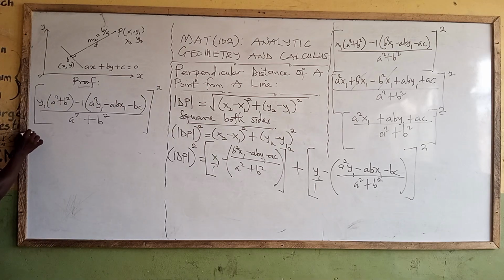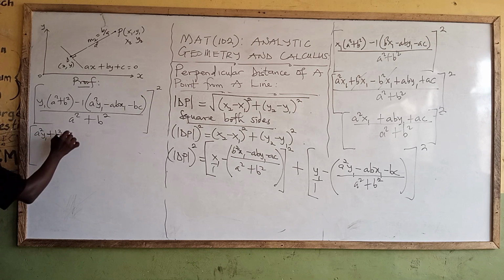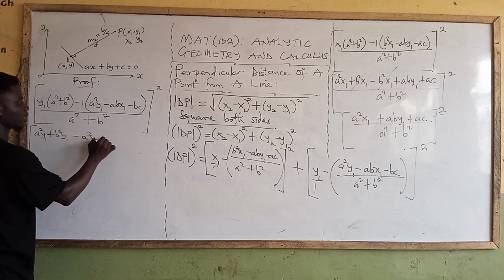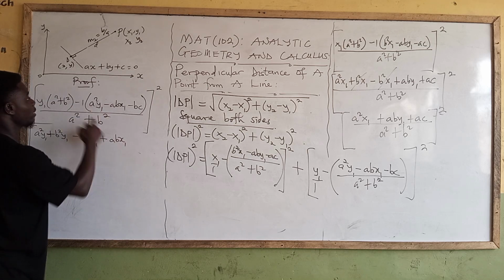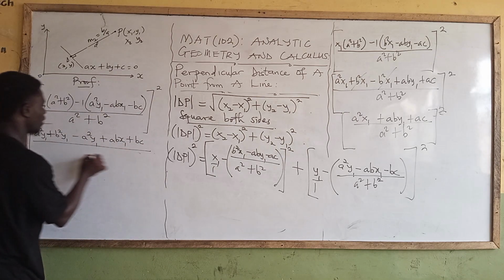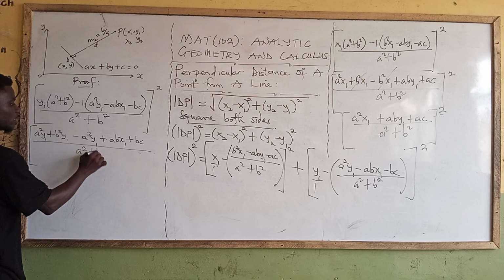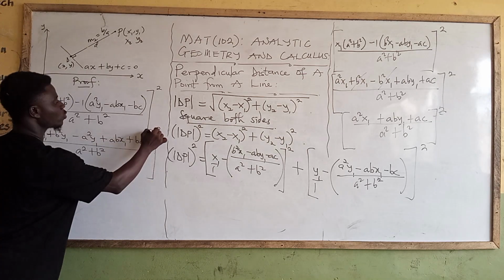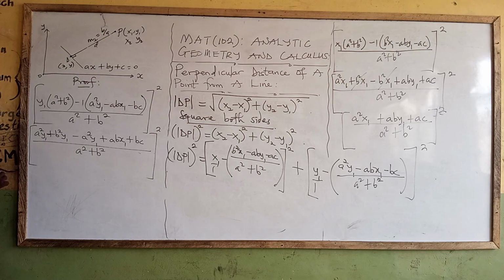All squared. So we multiply. So I have my a squared y1 plus b squared y1, then minus a squared y1 plus abx1, then plus bc, all divided by a squared plus b squared, all squared. So we can see that this guy cancels that, right?